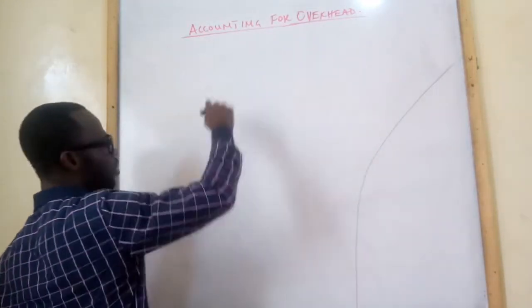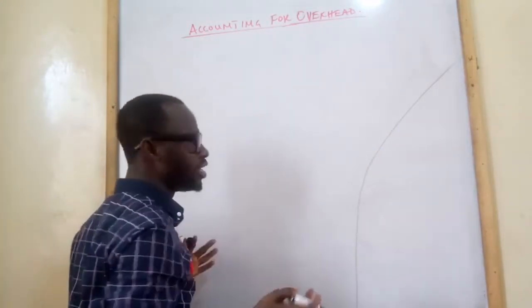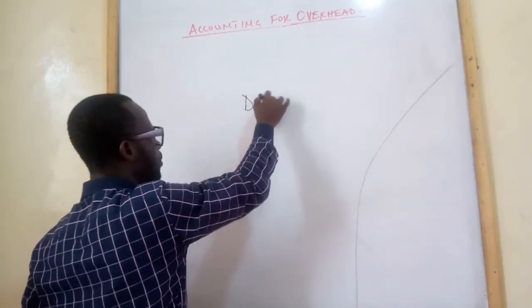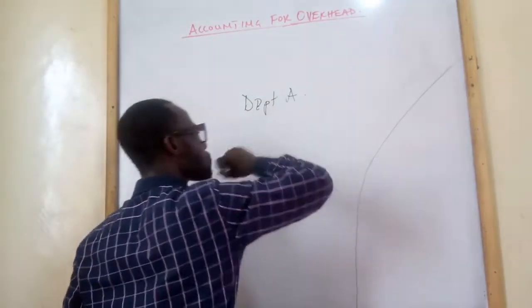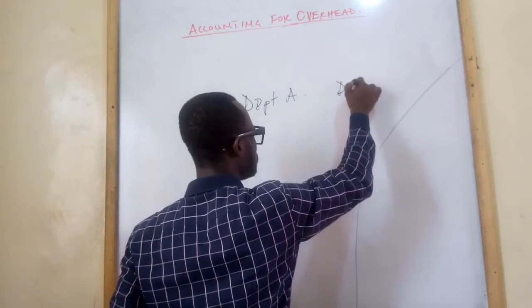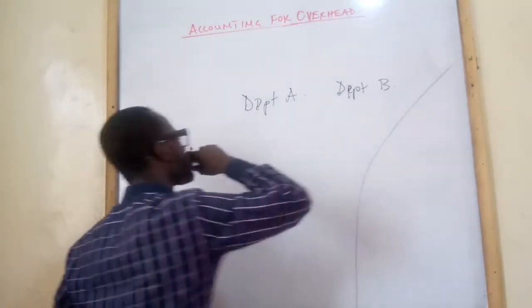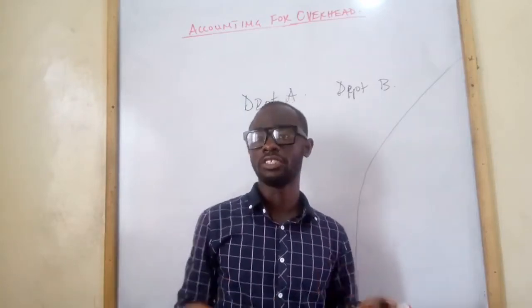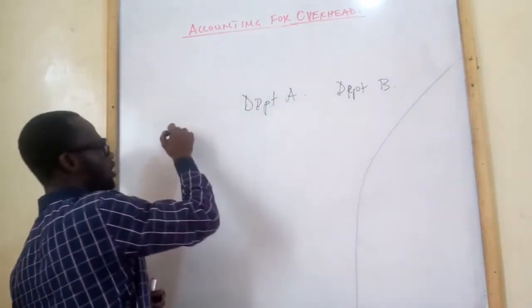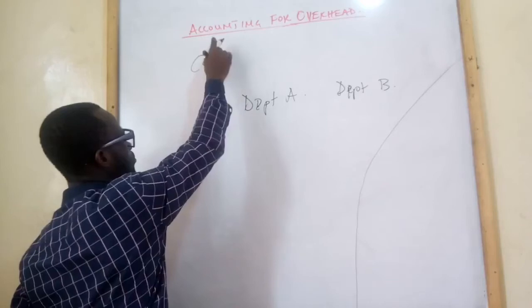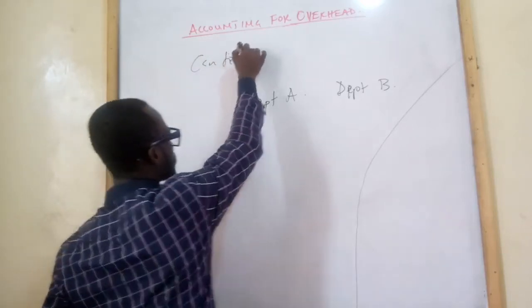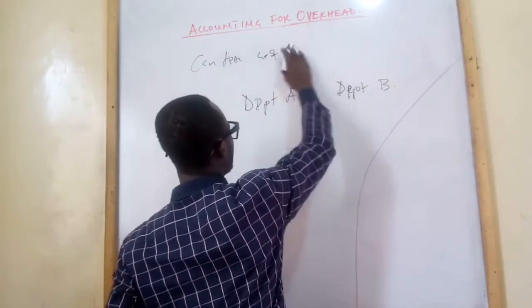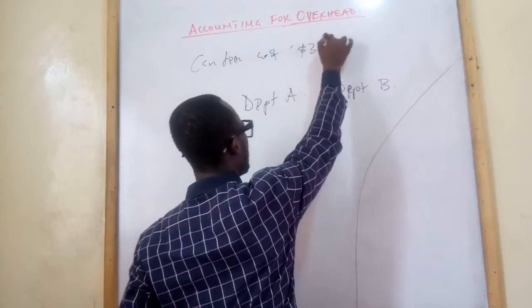For instance, the organization has more than one department. So let's say Department A, Department B. Then in the whole week, we incurred a canteen cost of, let's say, $300.